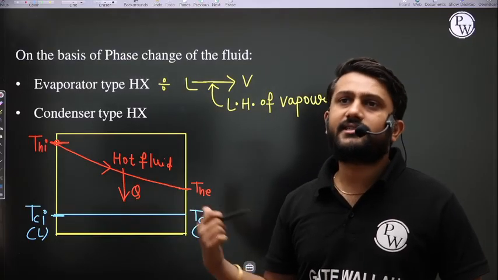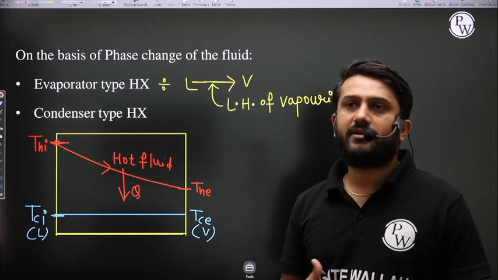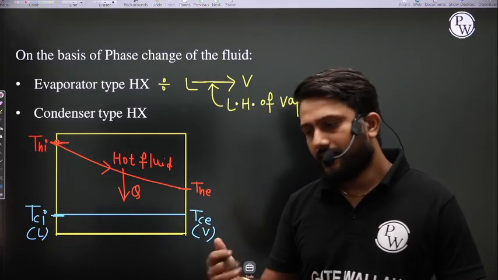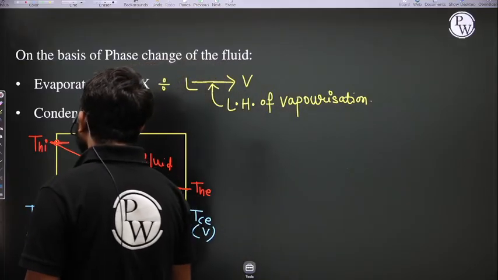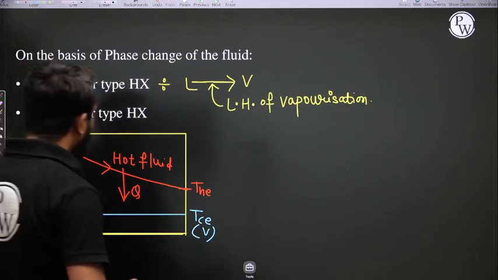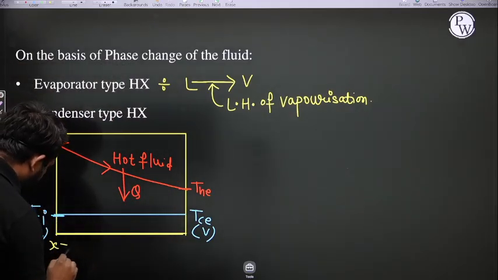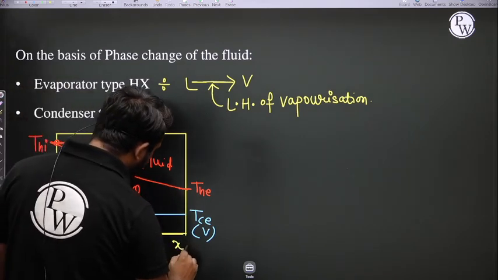Is it clear? So this is the evaporator type of heat exchanger, because vaporization of one liquid occurs here. Similarly, in the condenser type of heat exchanger, this is x equal to 0, and this is x equal to L.